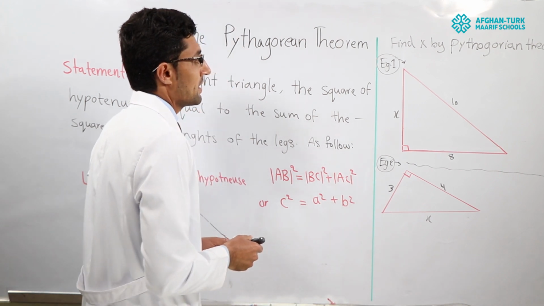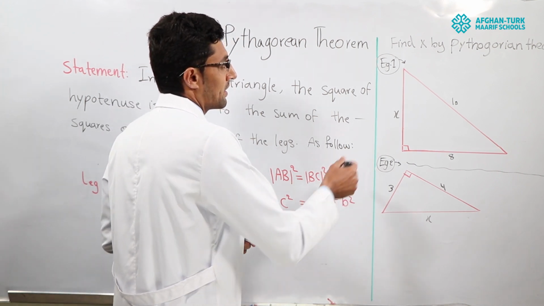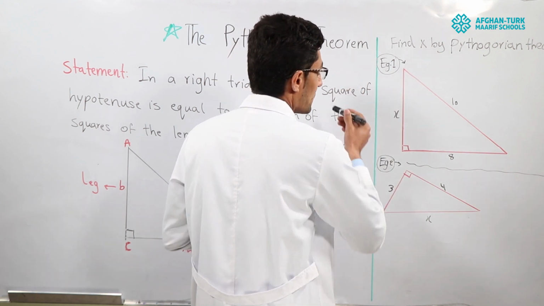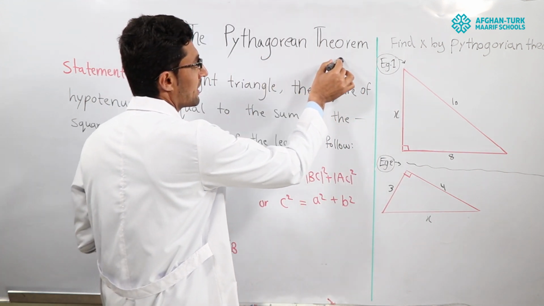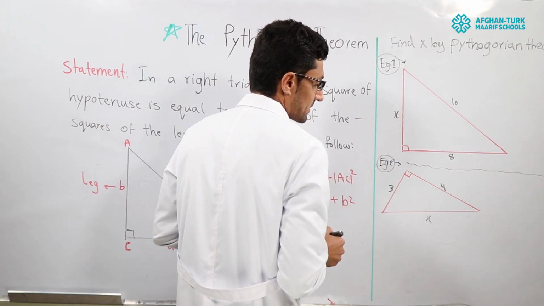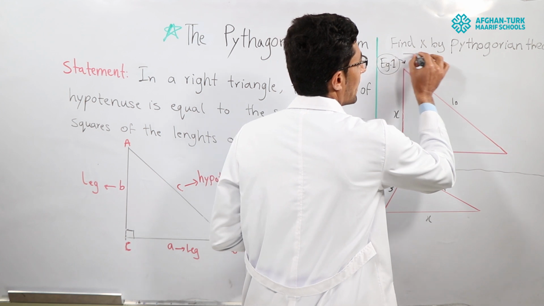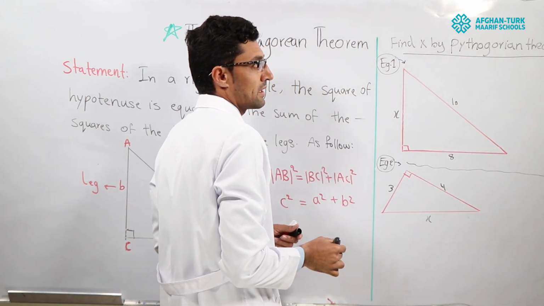Now there is one example that I want to do for you. Example 1: by using the Pythagorean theorem we can find x. So find x by the Pythagorean theorem.